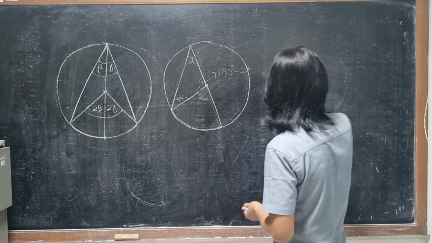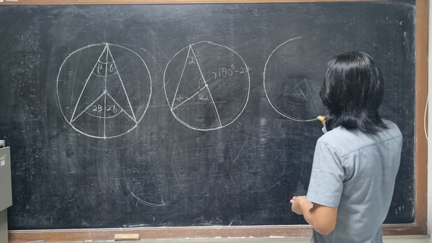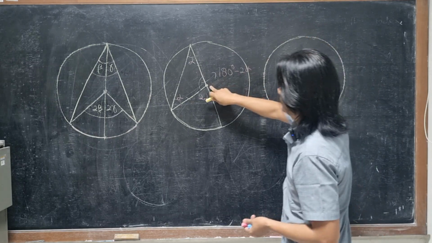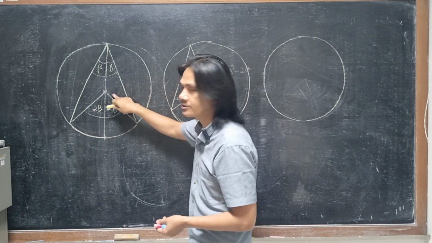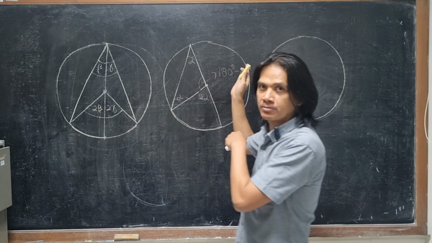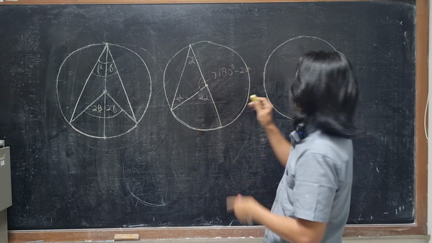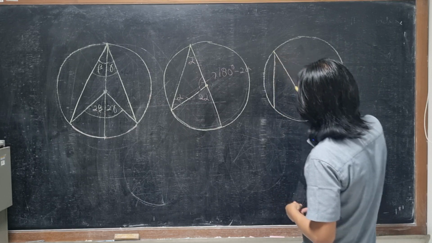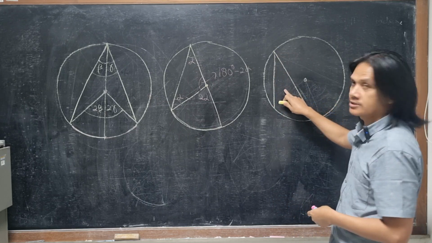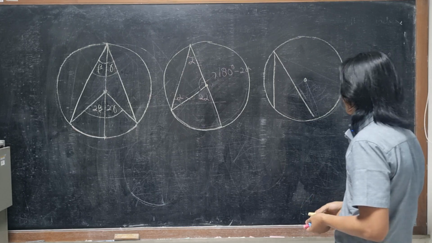So what is the last case? Here the center is inside the triangle, so the last case should be outside the triangle. That's the center and that's the inscribed angle. The center is outside the triangle. Okay?